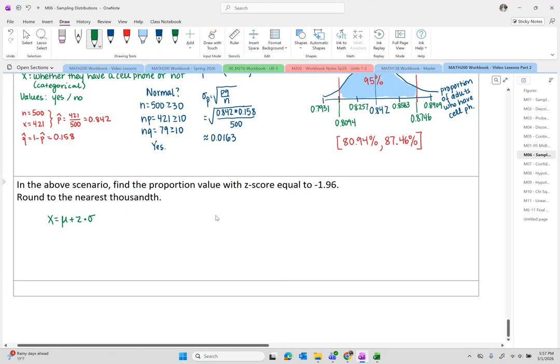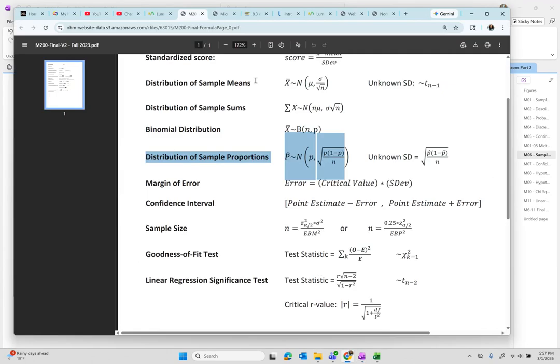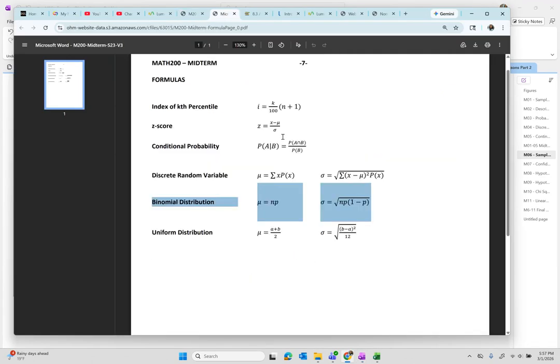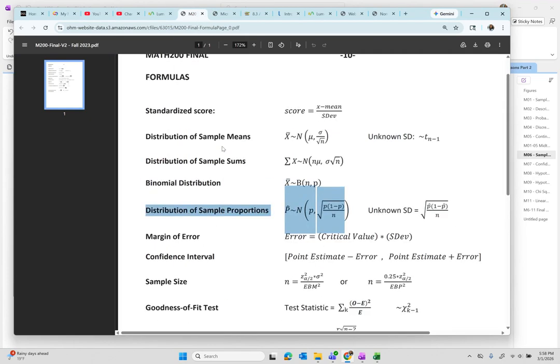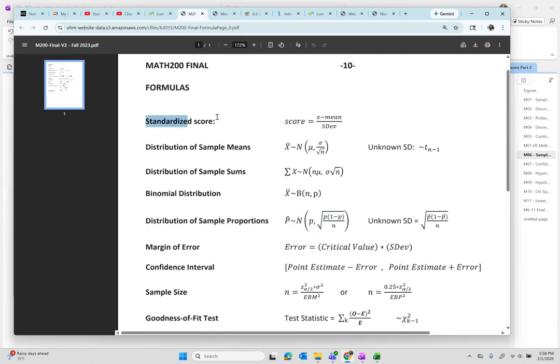This formula was in our midterm formula sheet as just the calculation of the z-score, so you have to solve it for x, but also in the final formula sheet it is called the standardized score, and it looks very similar. It just uses words because in the second half of the course, sometimes we will have a population and sometimes we will have a sample.